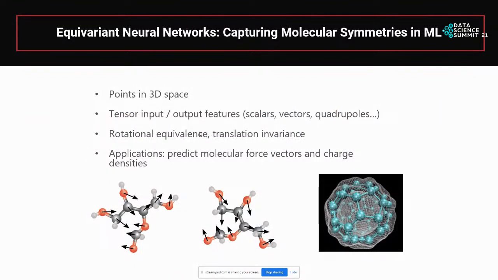So there are things like equivariant neural networks where you can start to say, well, my model itself needs to satisfy things like rotational invariance or translational invariance, right? So if you rotate this molecule 360 degrees, you should get back to the same thing, right?